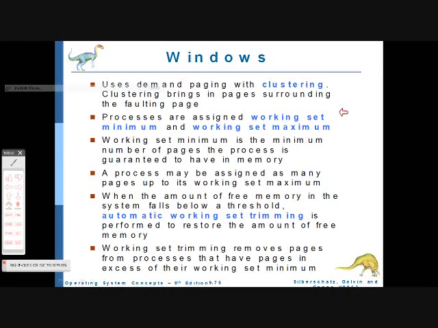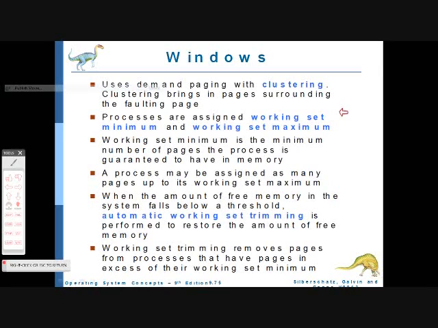But when the process page faults, and the number of pages in the process is equal to the working set maximum, the Windows operating system will not borrow a free frame from the list of free frames, but will command or allow the process to let go of one of the pages in its address space so that that free frame can be recycled by that same process.